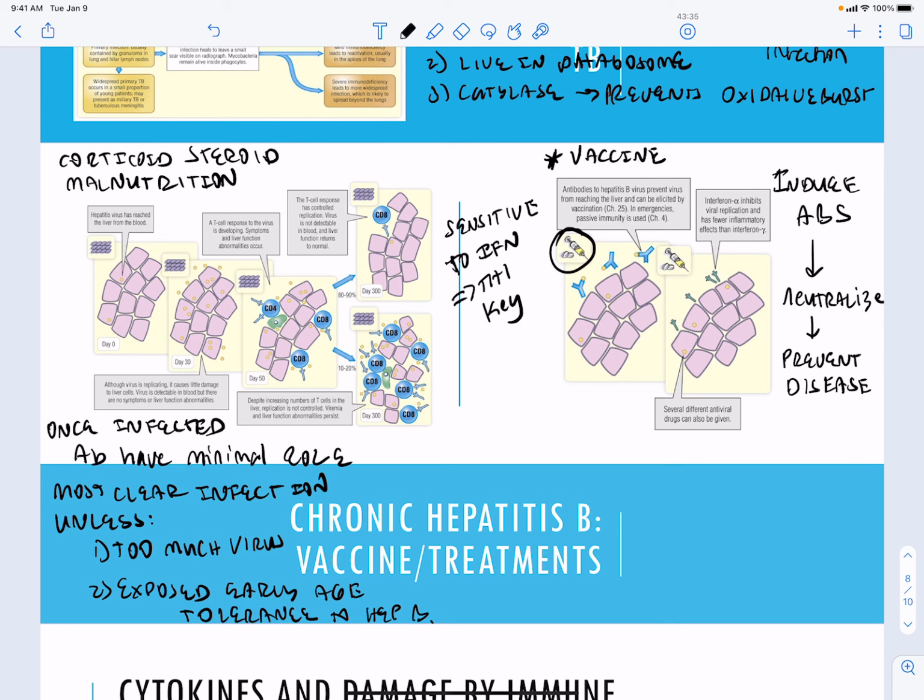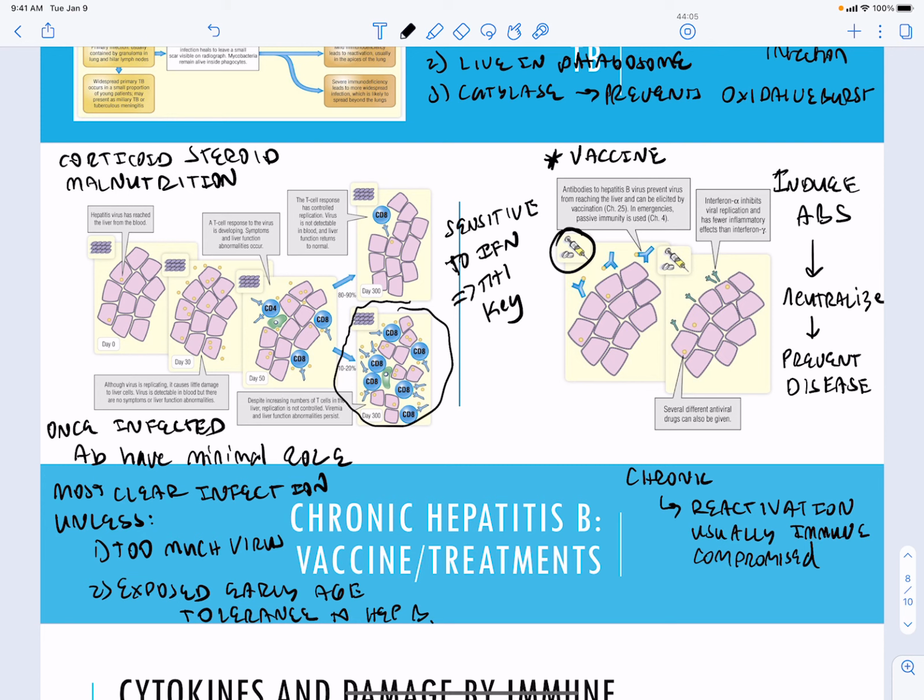If you are chronic, you can get reactivation. And similar to our mycobacterium story, this is usually in immune compromised. And so we have here again our Th1 response. Th1 plus IFN gamma.